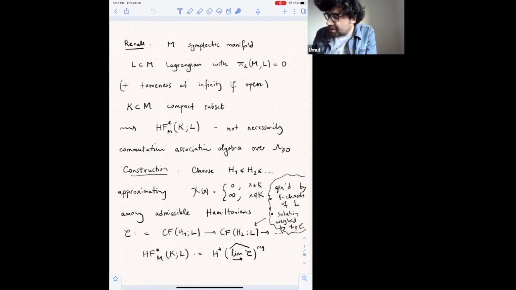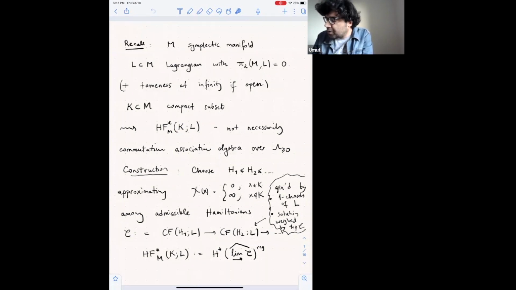Under these assumptions, for any compact subset K of this symplectic manifold, I can define this HF, for Lagrangian Floer homology. I will also put this subscript M to denote that it's this relative invariant, and it's computed at K using this Lagrangian L. Okay, so HF_M(K, L), and this is not always commutative, but it will be commutative in the example I'm going to work with today.